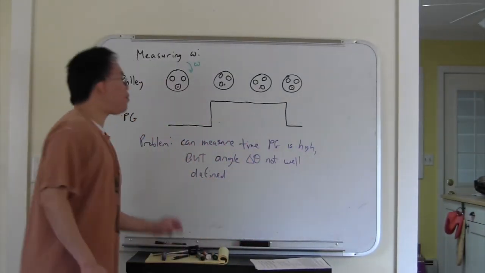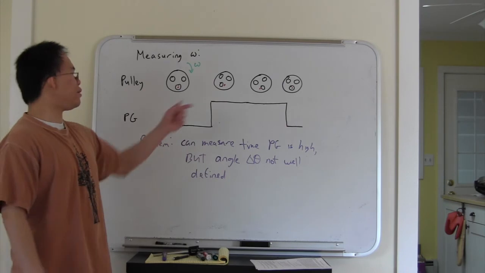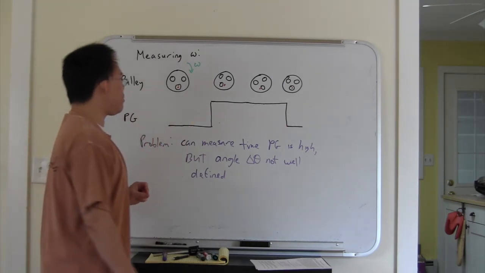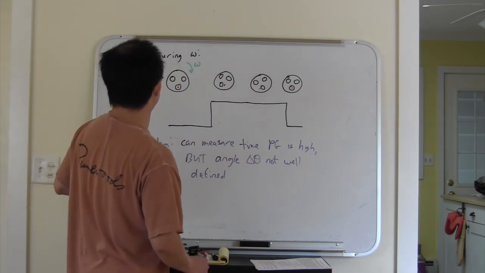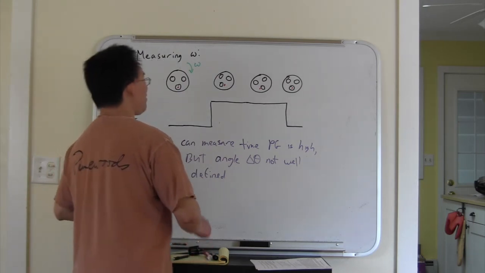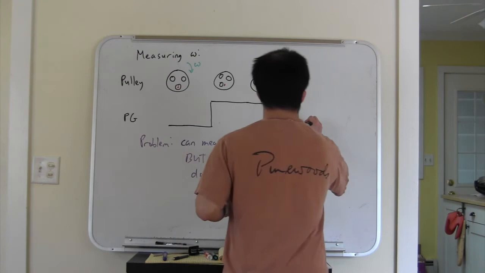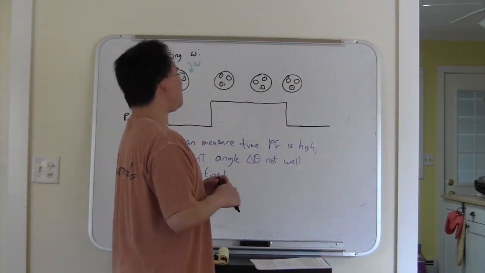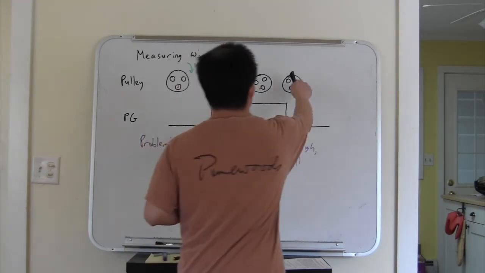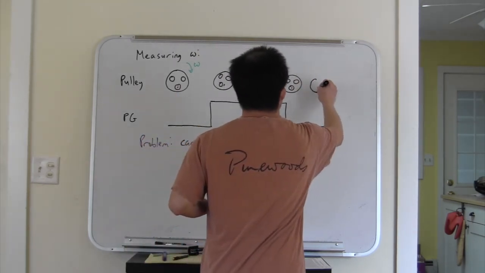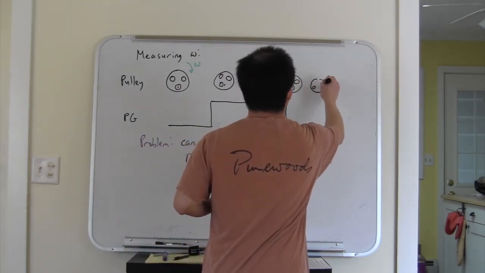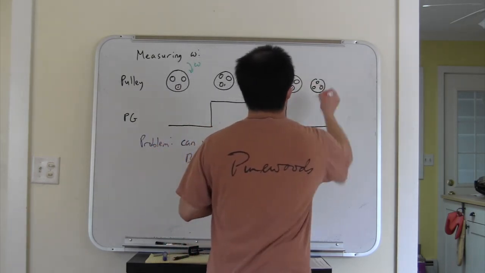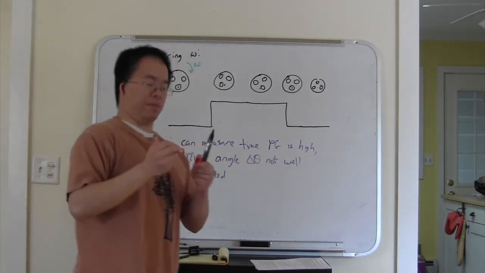So instead, what we're going to do is the following. Let me continue this a little bit. I'm running out of room, but I think I can cram this in. If this continues to rotate, over here we're in a situation where light's completely blocked.